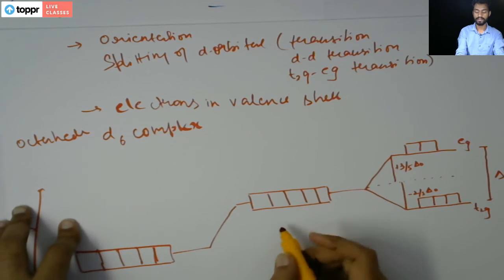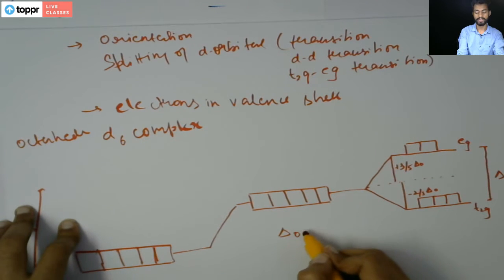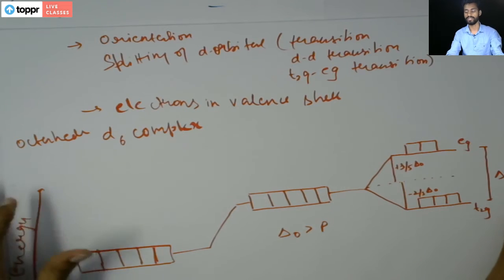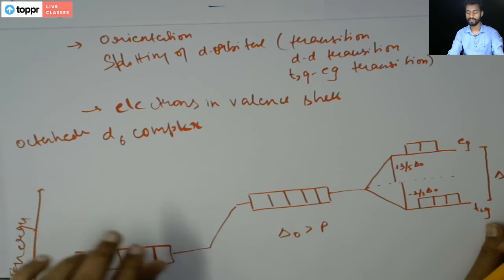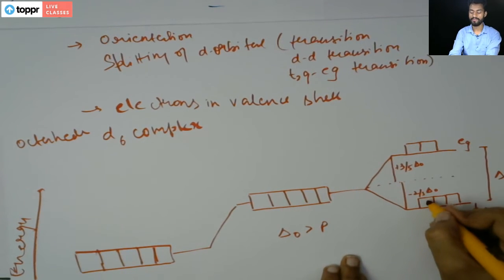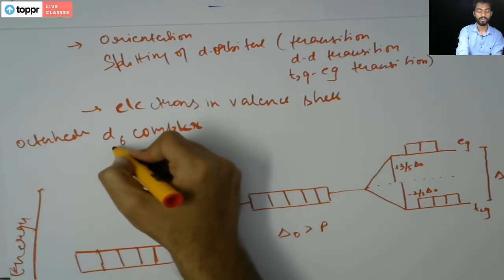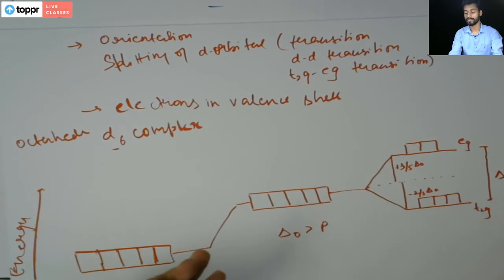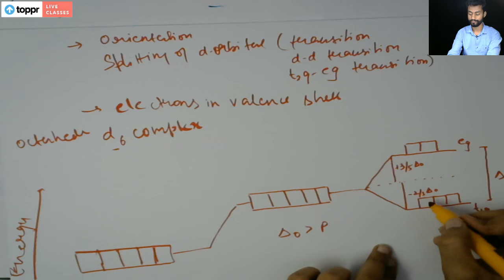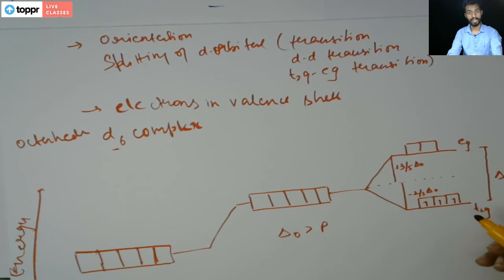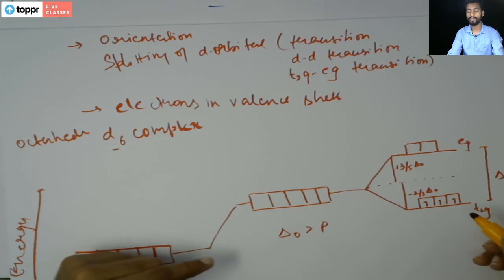Let's start with octahedral splitting energy greater than pairing energy. Okay, so now we'll have the d6 molecule. So we are having 6 electrons. All 3 are singly occupied. Now what will we do?